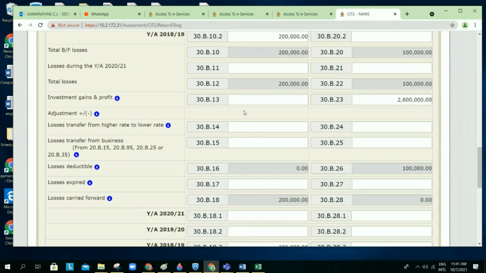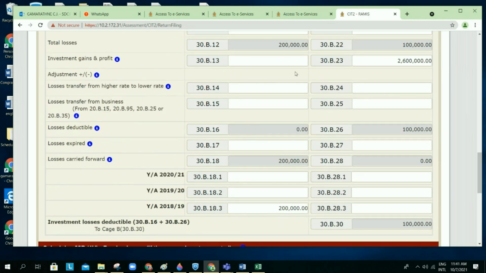Then you need to mention the investment profit here. You can't exceed the available investment profit. If you have exceeded that amount, we display an error message. You can't process the return further. Then you need to enter the correct value.